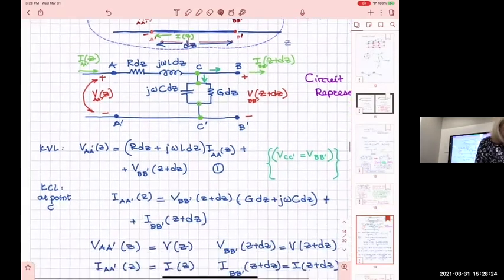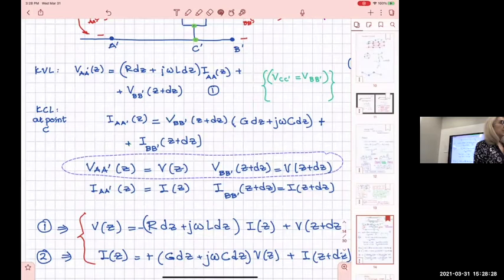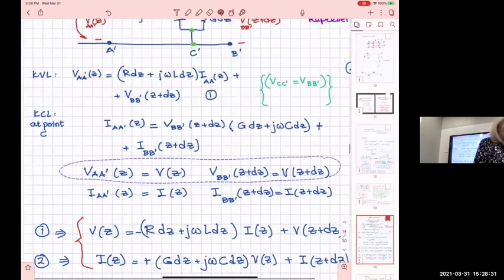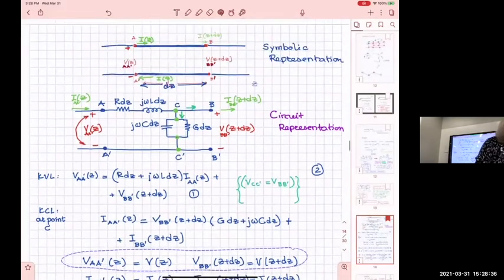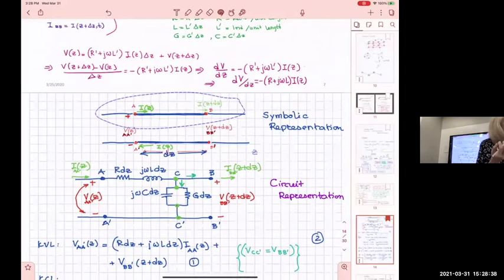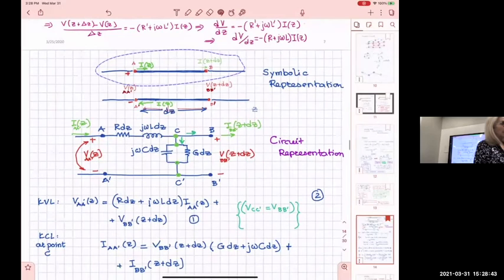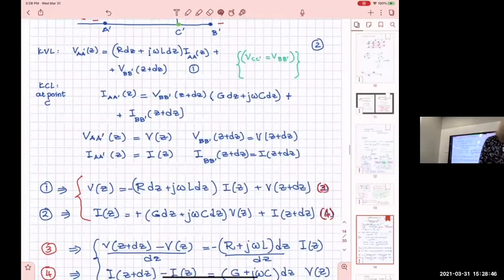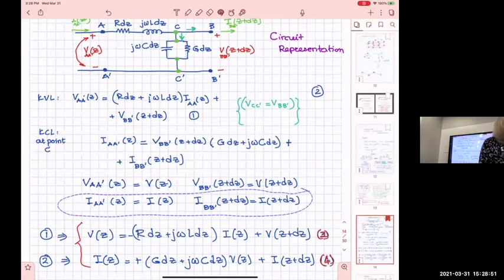And in the same way, if I have one current that flows down my line, and the line is not interrupted by anything, then my current at A prime is the value of this current at z, and my current at B prime is the value of this current at z plus dz.